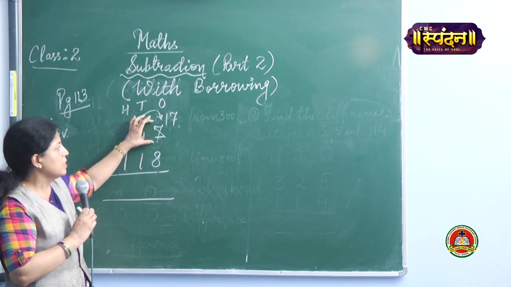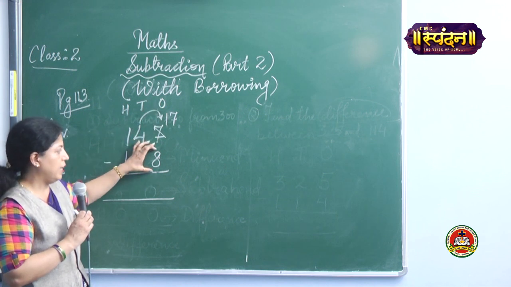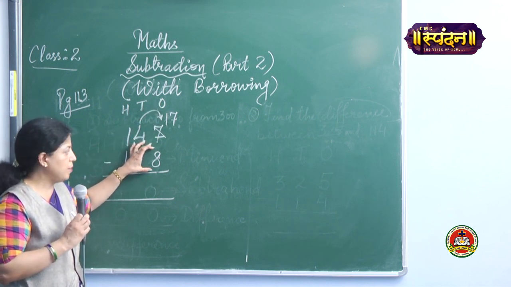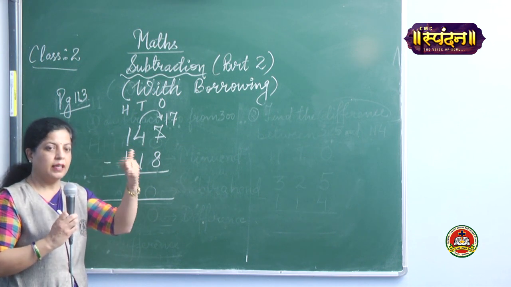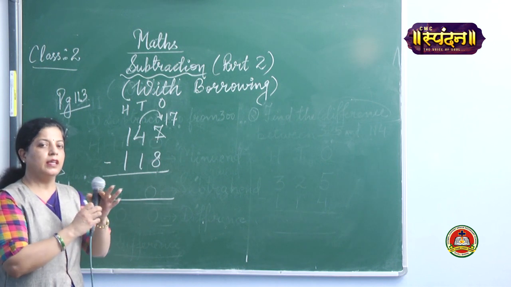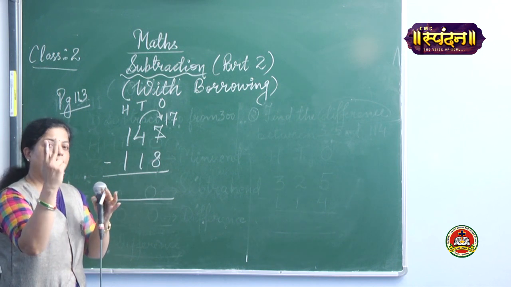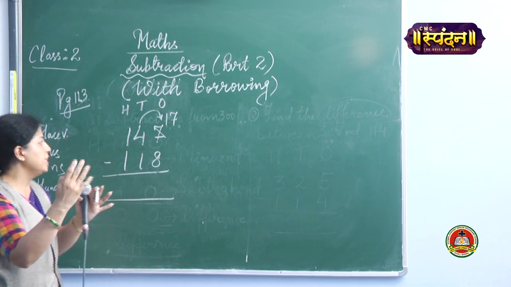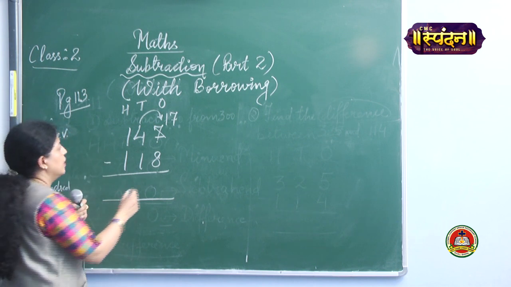See here, my dear girls, 17 minus 8 means after 8 you will start counting. The next number after 8 is 9, 10, 11, 12, 13, 14, 15, 16, 17. So it means there are how many numbers?